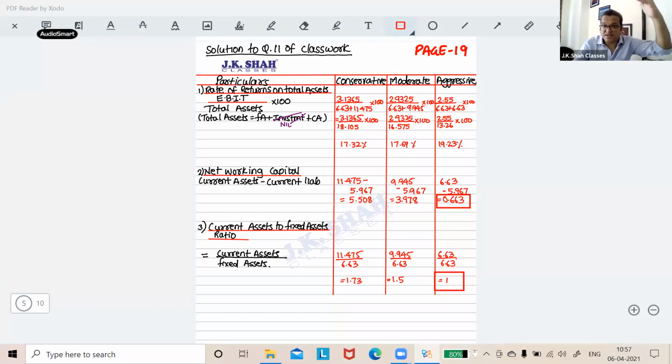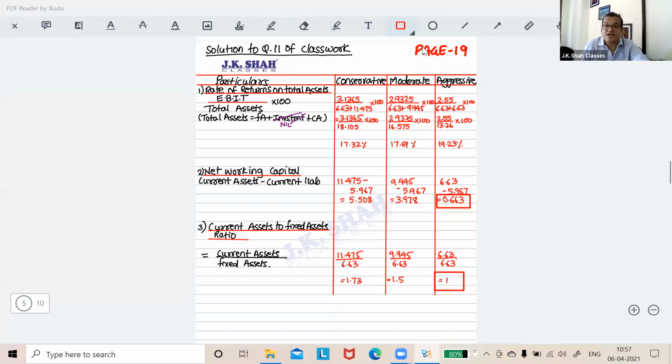Highest. Understand? The risk of non-payment of current liability is highest, but returns are also highest.